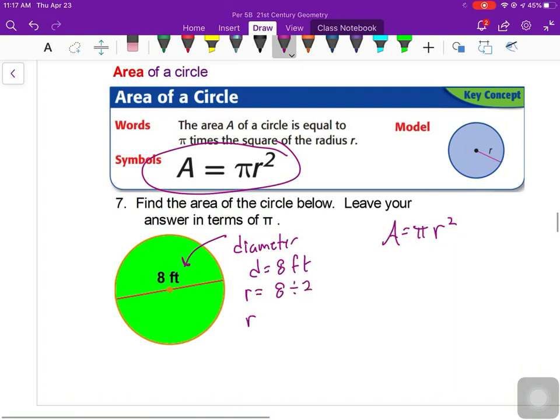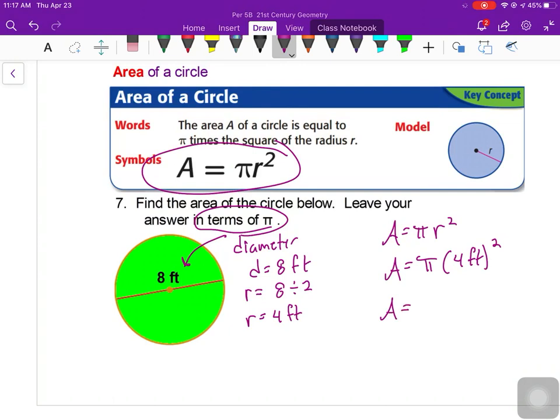Well, the radius is equal to the diameter divided by 2. So the radius would be 4 feet. And now we'll put that into our formula. Pi times 4 feet squared. It asks us to leave it in terms of pi, so we won't put the pi into our calculator. We'll just go ahead and multiply that out. Area equals 16 pi feet squared, just as we've done before.